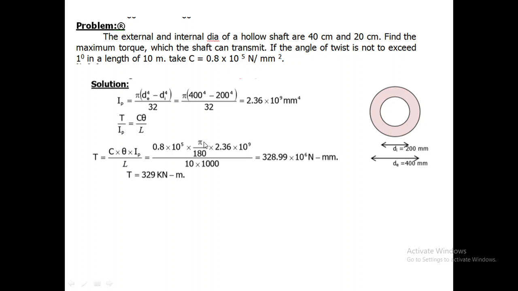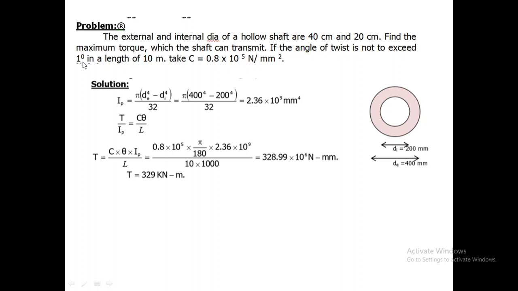1 degree means 1 into pi by 180, since pi radians is equal to 180 degrees. So always remember that theta should be in radians.